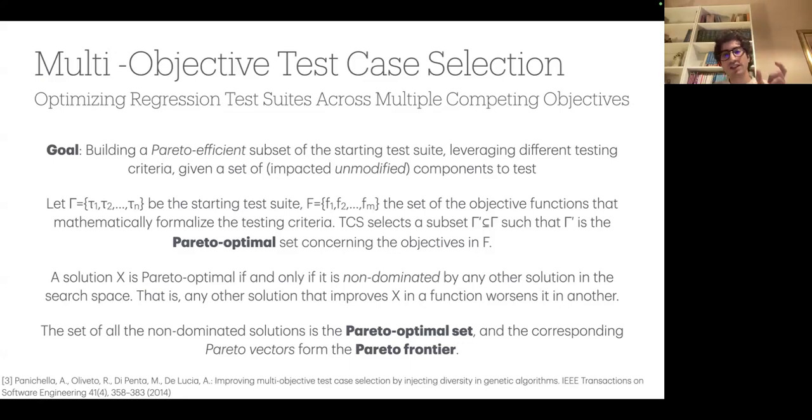So if gamma is the starting regression test suite that we want to optimize, and we have a set of objective functions F which mathematically formalize the selection criteria, test case selection aims to select a subset gamma first of gamma to be the Pareto optimal set of gamma concerning the objectives in F. In particular, a solution X is said to be Pareto optimal if and only if it is non-dominated by any other solution in the search space. The non-dominated solutions form the Pareto optimal set, whose Pareto vectors give us the Pareto frontier.